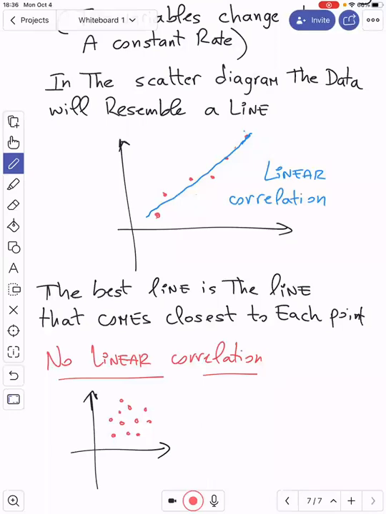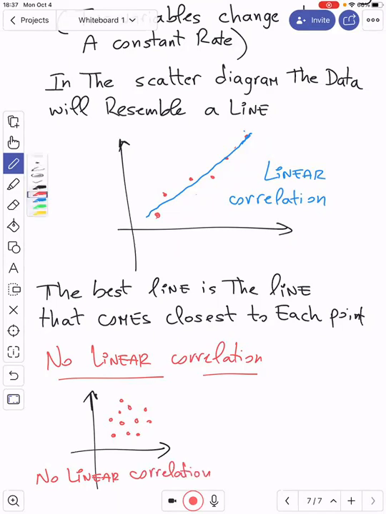So the best line here, which is closest to each point, actually does not exist, right? The points are kind of spread. So there's no straight line which is very close to each point, right? So in this case, we don't really have a linear correlation.